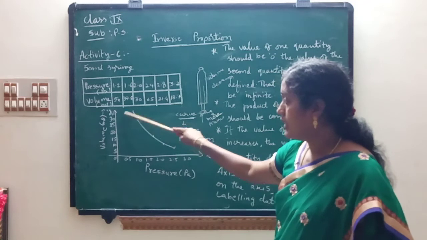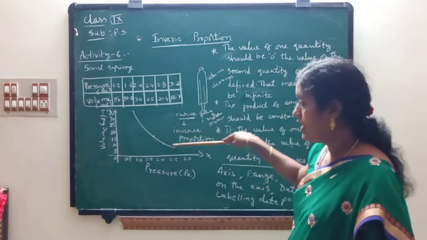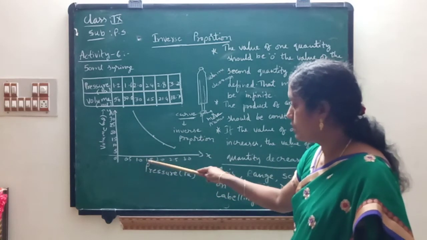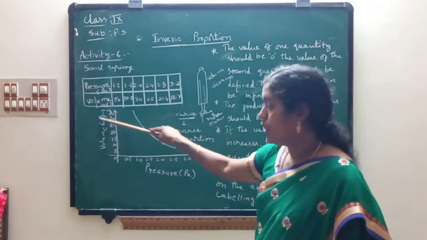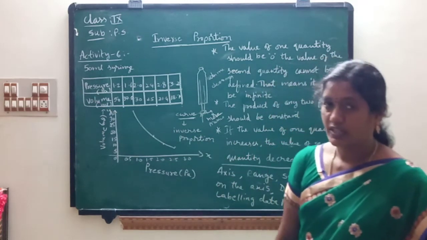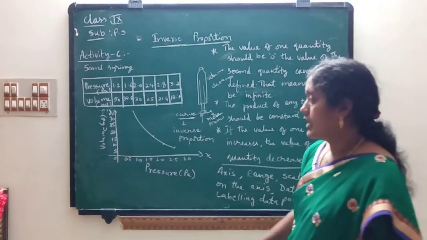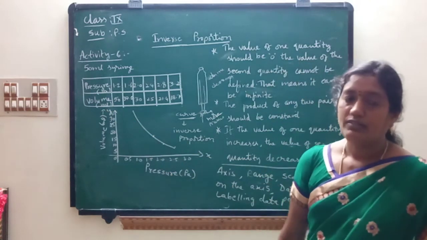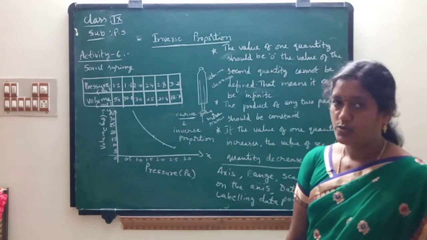Here see, children, 35, 30, 25, like this the values are decreasing, and the pressure values are increasing from 1, 1.5 to 2.5. Pressure values are increasing and volume values are decreasing. So by this we can say that if the graph of two quantities is a curve, then those two quantities are in inverse proportion.